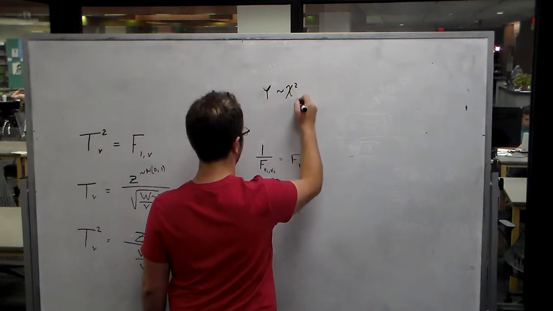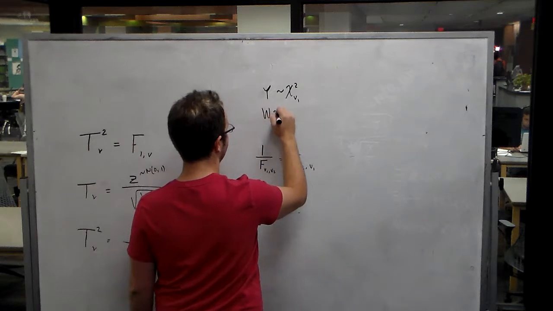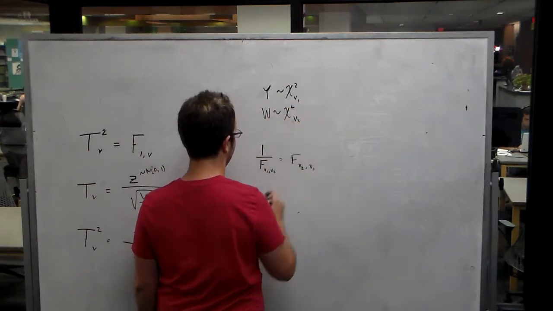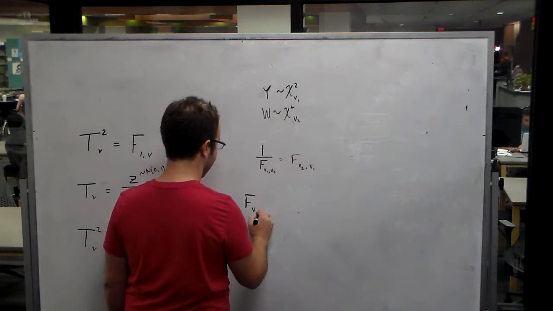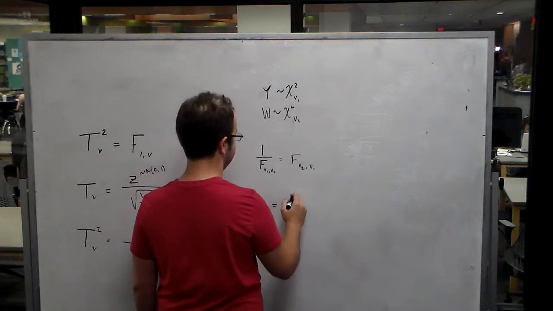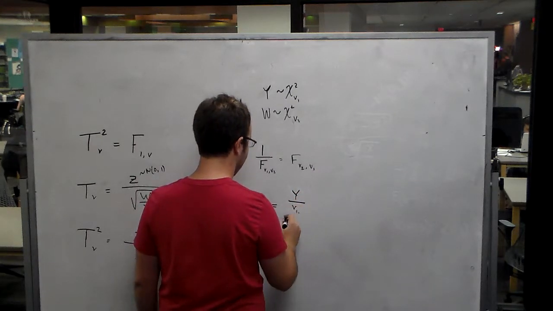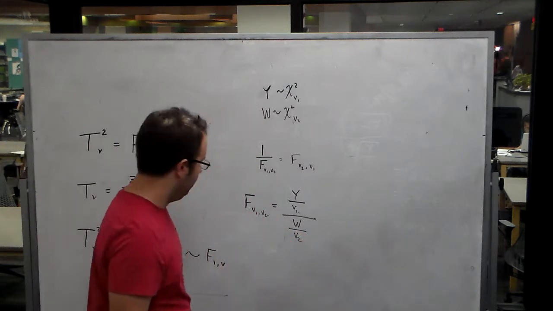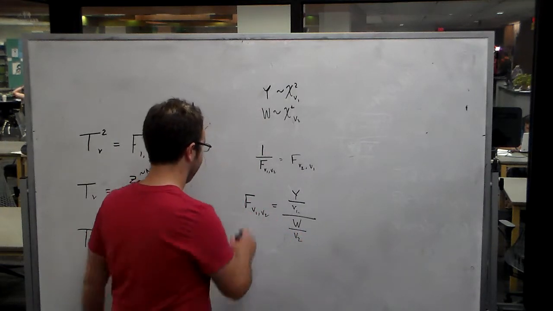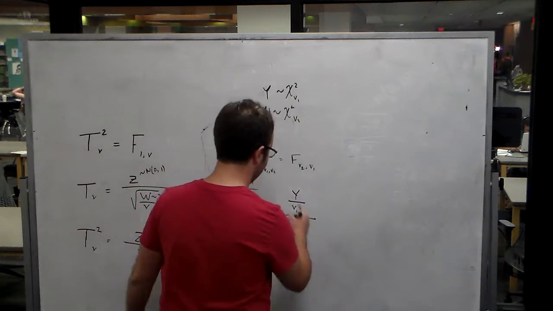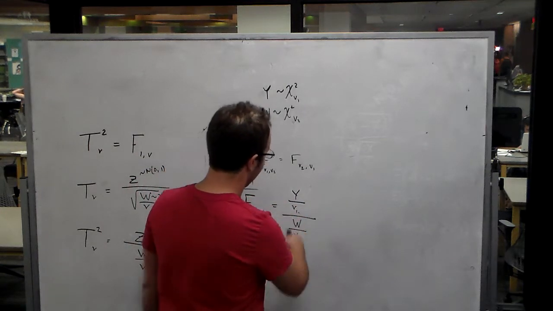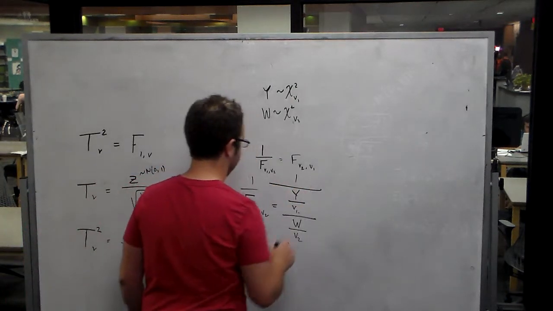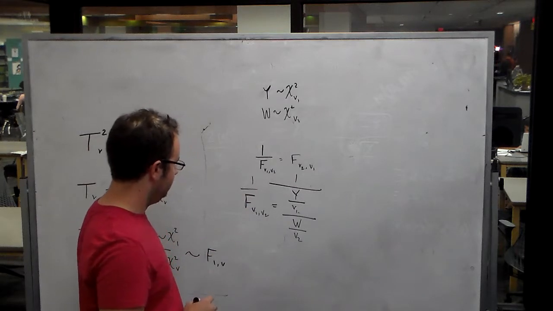Y is chi-square with v1 degrees of freedom, and w is chi-square with v2 degrees of freedom. Then f with v1, v2 would be y over v1 over w over v2, right? So 1 over this just flips the whole thing, and you get w over v2 over y over v1. Cool?